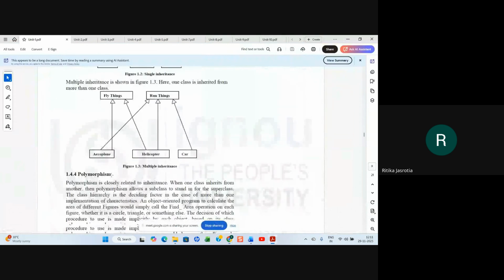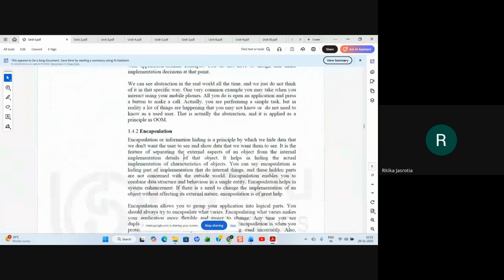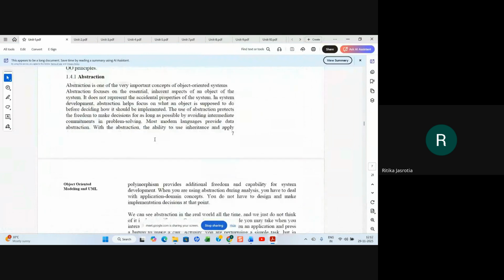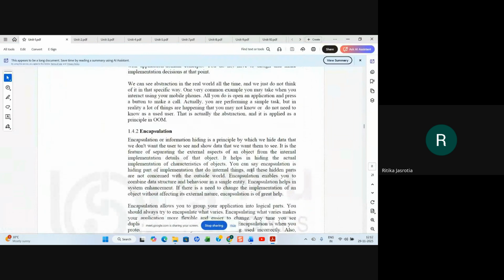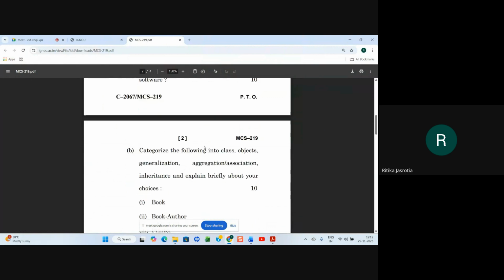Extensibility is through polymorphism. You can extend that, right? And encapsulation is hiding the important details, and abstraction also means the same thing, or keeping in one unit is encapsulation, right? Maintainability, extensibility, so that can be explained.